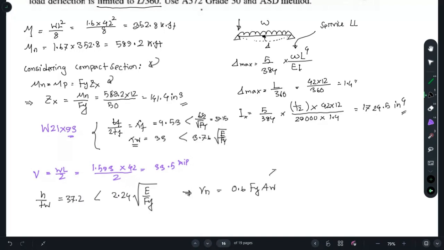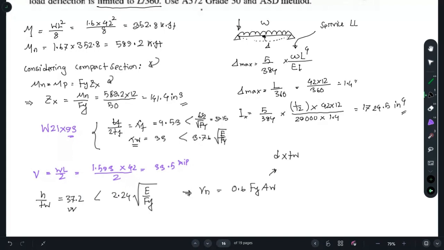Aw is the cross-sectional area of the web, that is the depth of your web times the thickness of your web. You can put the values of E and fy, and you will see that this value is greater than this value. So this formula is valid to find the nominal shear.